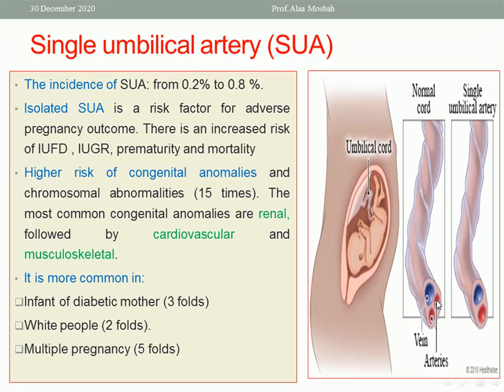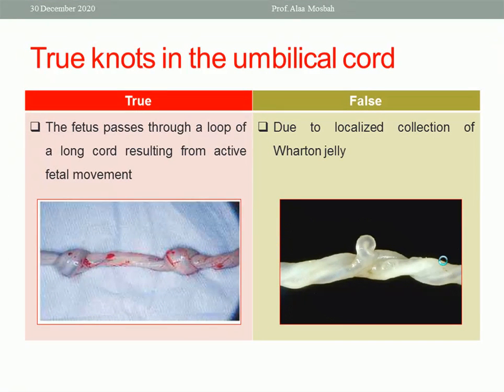Here, there are two arteries and one vein. This is normal. Here is one artery and one vein. This is abnormal. This is what's called single umbilical artery. Of course, you can diagnose it using Doppler ultrasound during antenatal care screening in the second and third trimester.